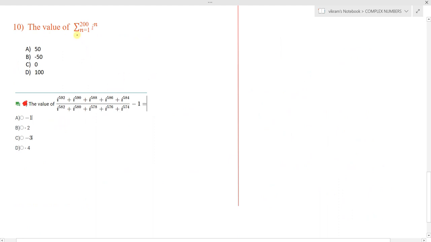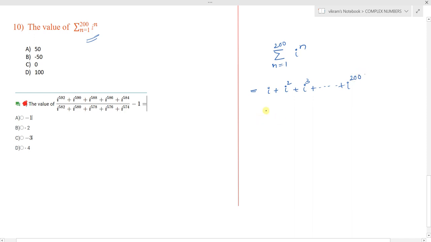Now the problem number 10, the last one. I think we solved this type of problem before. What is given? Summation n equals 1 to 200 of i power n. If we expand this, n equals 1 means i, n equals 2 means i square, i cube and so on, finally i power 200.